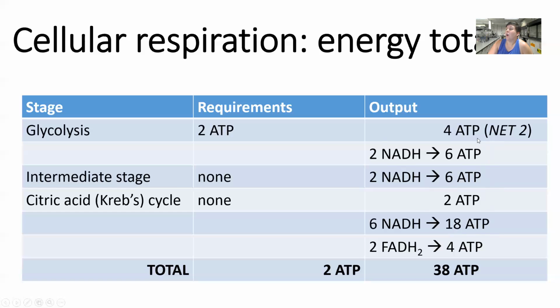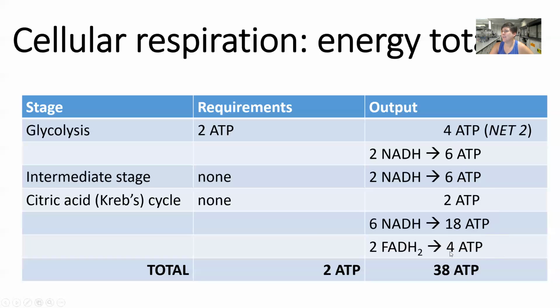So total, if we add up all of our ATP, we had net 2 via substrate level phosphorylation in glycolysis, 6 via oxidative phosphorylation resulting from glycolysis, 6 via oxidative phosphorylation during the intermediate stage, 2 via substrate level phosphorylation during the Krebs cycle, 18 from oxidative phosphorylation during the Krebs cycle from NADH, 4 from FADH2 oxidative phosphorylation resulting from the Krebs cycle.